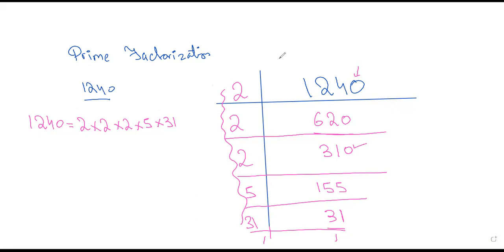Let's start off with a basic example. We are interested in finding out the LCM of 20 and 32. Now for finding out the LCM and HCF both, the first step is to prime factorize these numbers. Let's do that together.